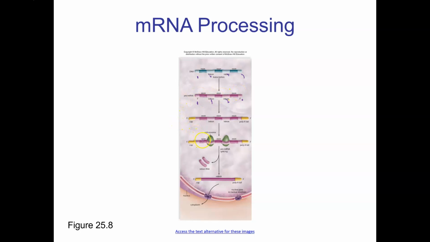So we use an RNA enzyme called a spliceosome. Spliceosomes take out those introns and splice together the exons. So now we have the exons, the guanine cap, and the poly-A tail.